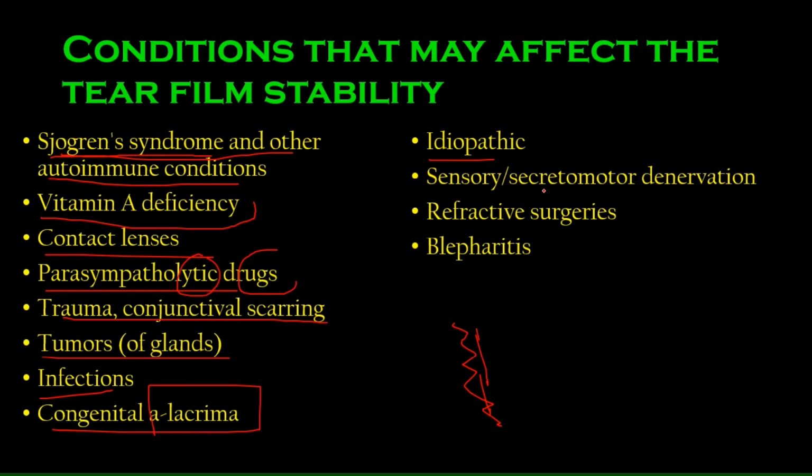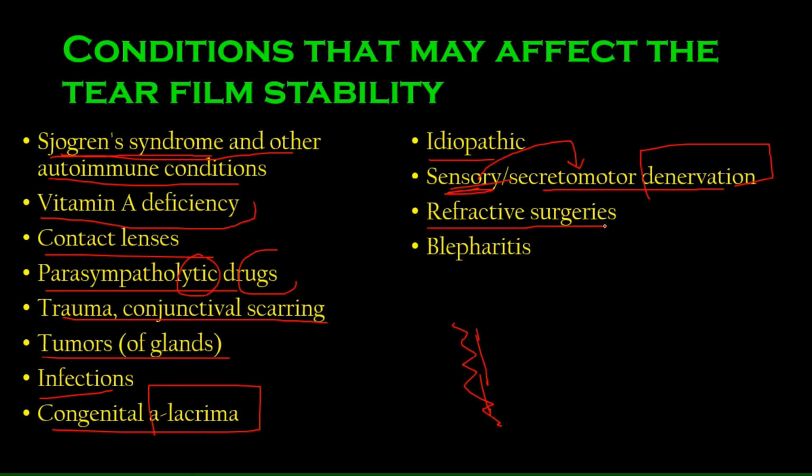And secretomotor denervation, where the lacrimal gland is not commanded by the parasympathetic autonomic nervous system because of some problem. Sensory deprivation: if the eye cannot sense its dryness, it will not elicit a secretomotor reaction. So again, dry eyes.